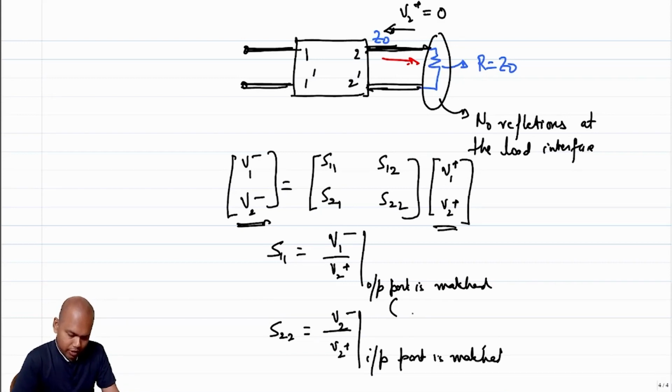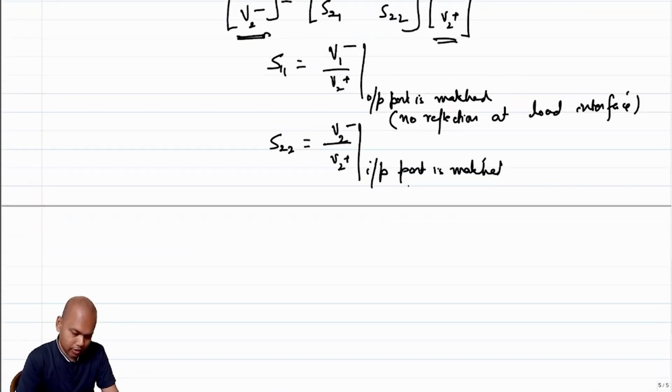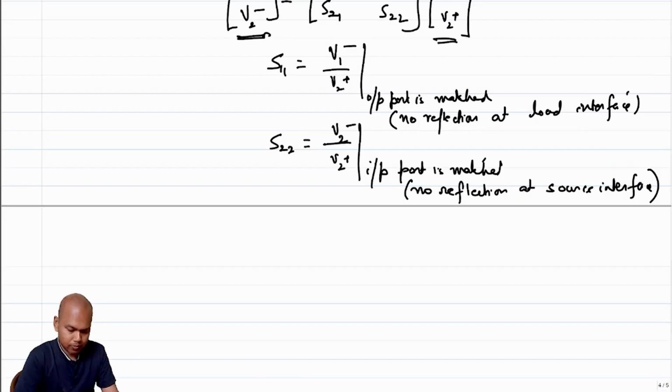Or I can also say this, no reflection at the load interface. I can also say this to be no reflection at the source interface. Correct?